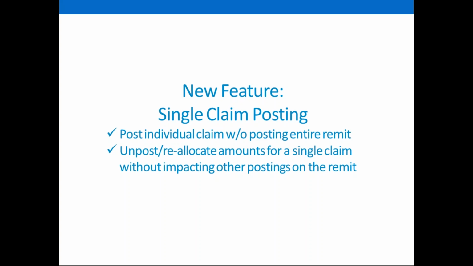And actually, I should add a third bullet point here, that it removes the restrictions that you currently have when it comes to allocation, meaning you can now modify anything. In the current version, when you reopen a claim, you're only allowed to change it from a copay to a non-cover to a deductible, but you can't change the dollar amount. You're now going to be able to even change the dollar amount.